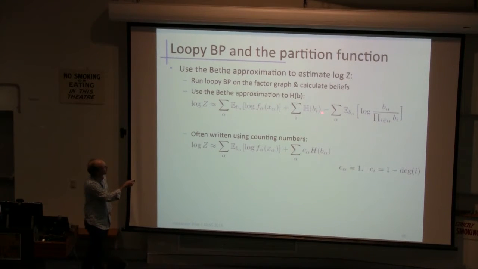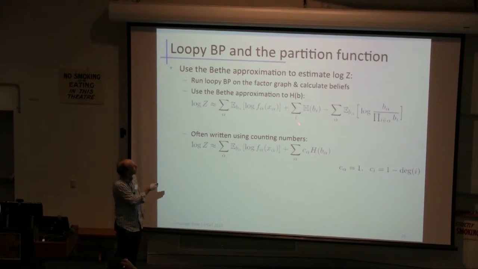So in this case, this and this correspond if we just take each expectation of b alpha log b alpha, so this is going to be the entropy of b alpha, so that'll have counting number 1. And then b i will be included once, but then removed a number of times corresponding to how many times i enters into alpha.